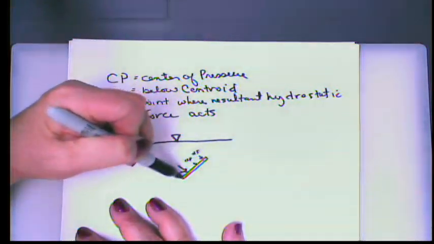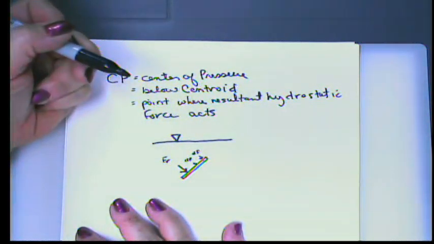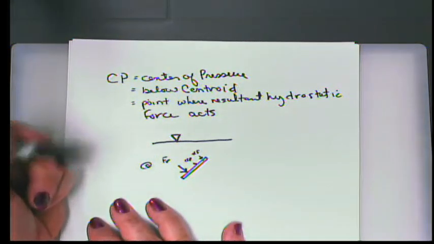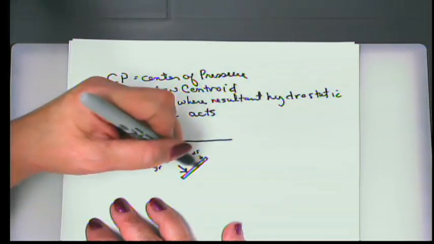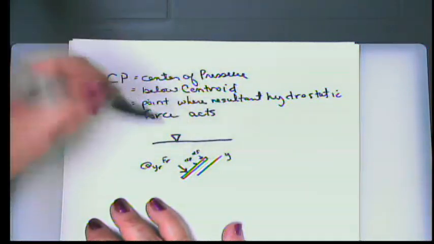So the force here is different than the force here. So the resultant force is called F sub r, and it acts at a point, if we're going along the plate, called y sub r. Now, the y direction is like this, of course. Okay?